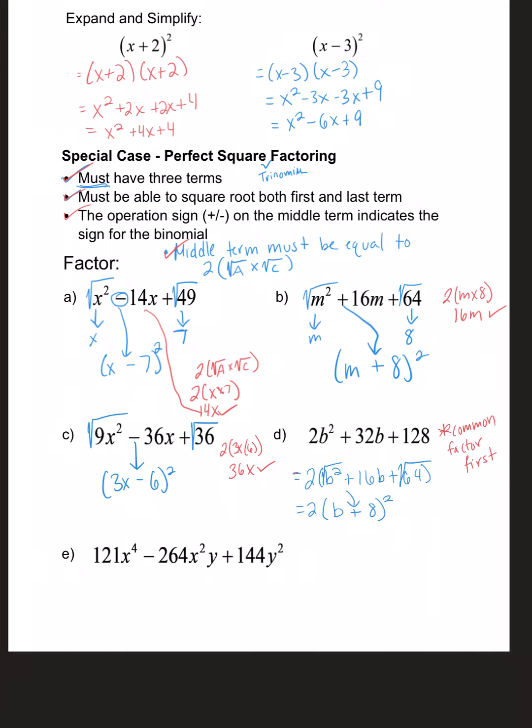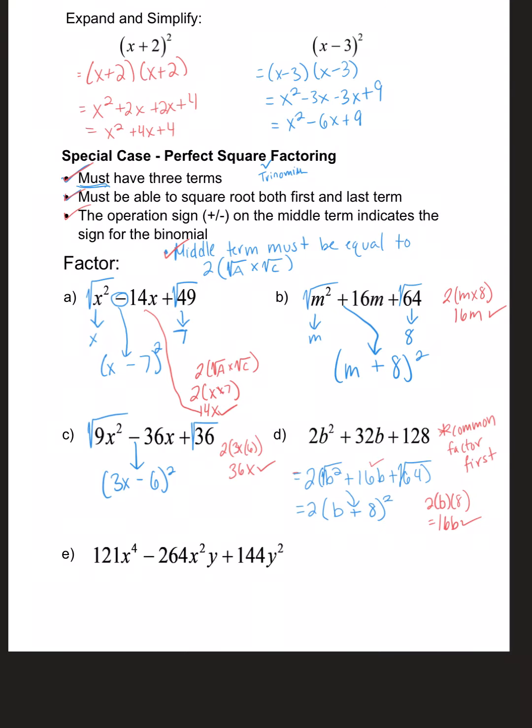If we want to do our little middle term check, we can do 2 times b times 8, and that equals 16b. I just don't want this b looking like a 6. There we go. Okay, so that checks. My middle term is 16b.